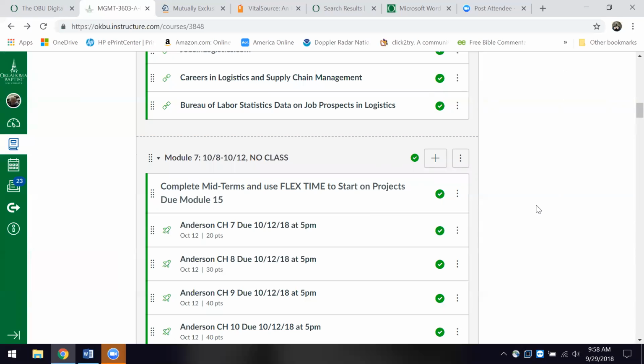I'm turning you loose. But if you're smart, you'll get those exams out of the way, and you'll spend some time getting ready and looking at the projects that are going to be due in week 15. So I'm starting some of the flex time that I like to give you.